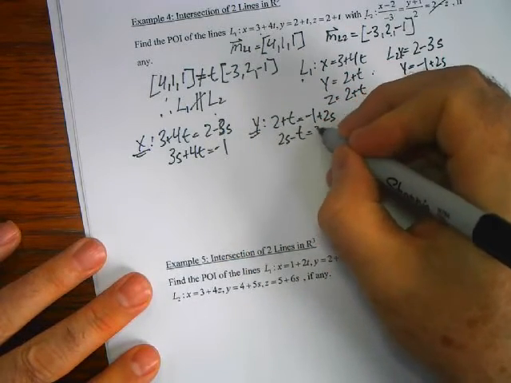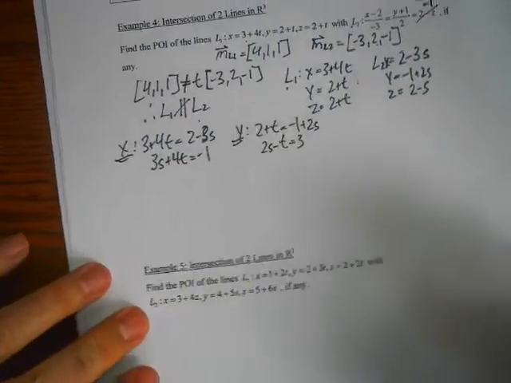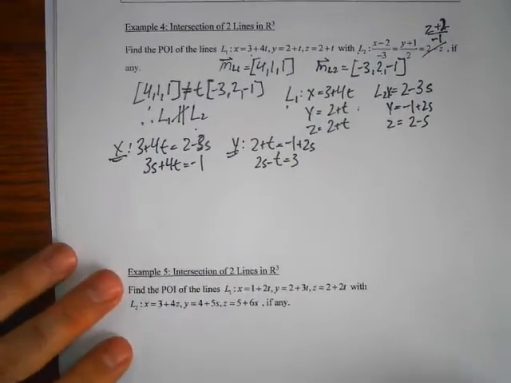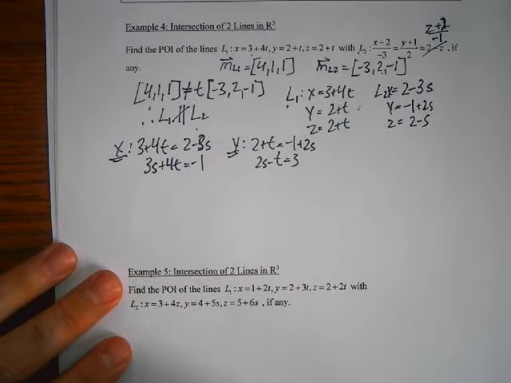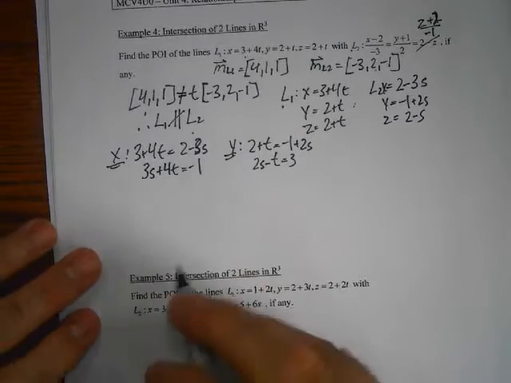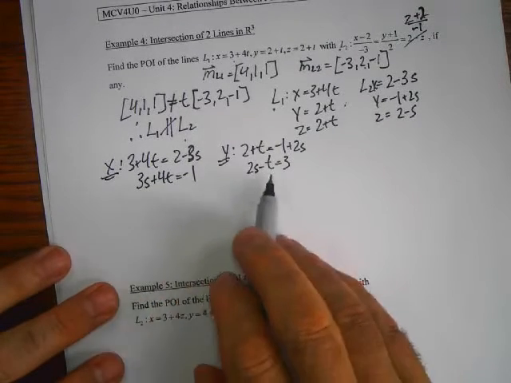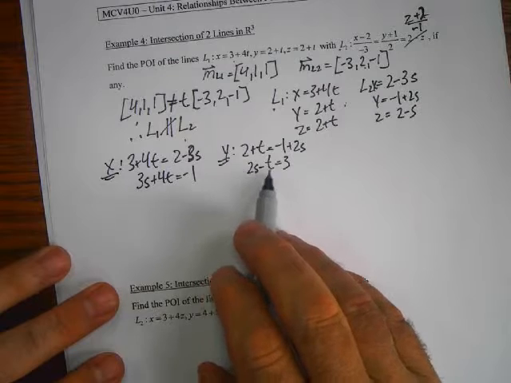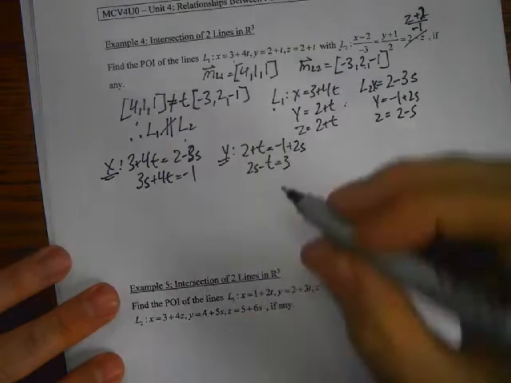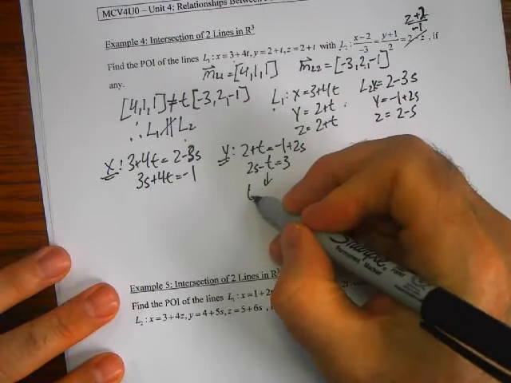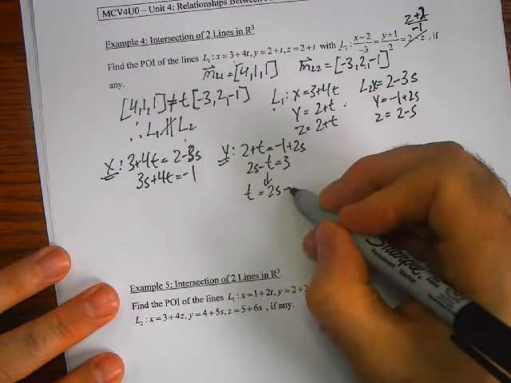Now this is where your skills from grade 10 come in. You've got two equations with two variables, so we want to solve for s and t. You can use substitution or elimination. Actually, we could arrange this for t. So t is equal to 2s minus 3, and then we can plug that into here.